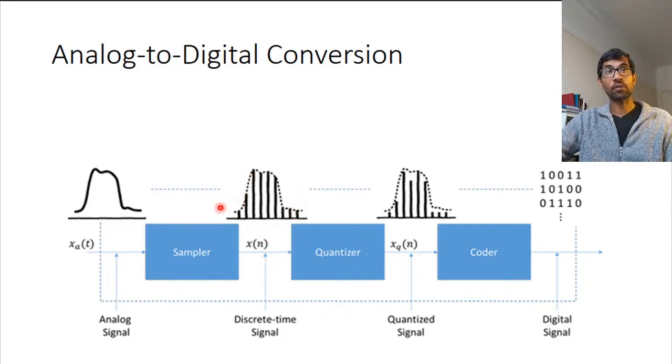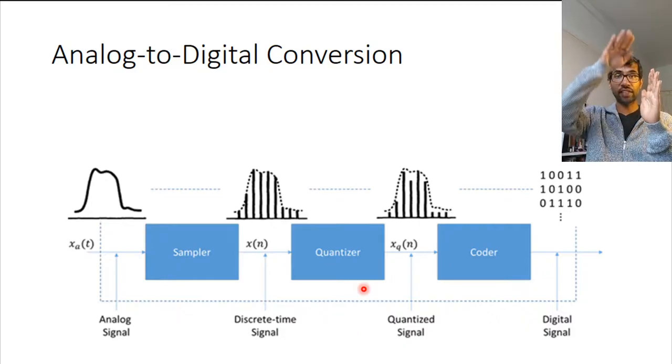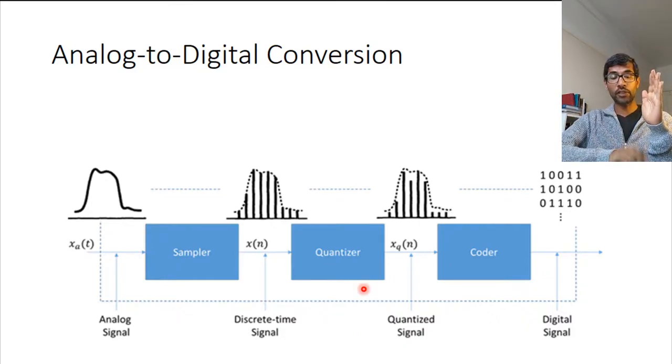Once we do that, we then want to quantize the signal. This is done by a system called a quantizer. And what a quantizer does is it takes the amplitude and instead of having an infinite number of amplitude values, it says, okay, I want to approximate my signal with just some fixed values of amplitude.